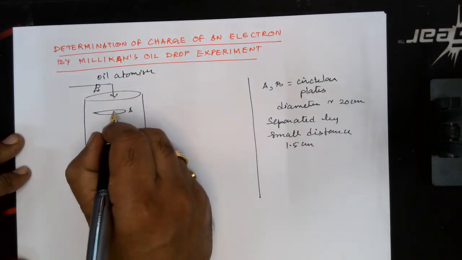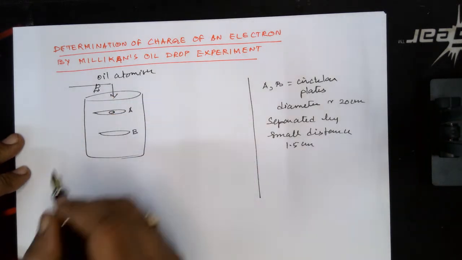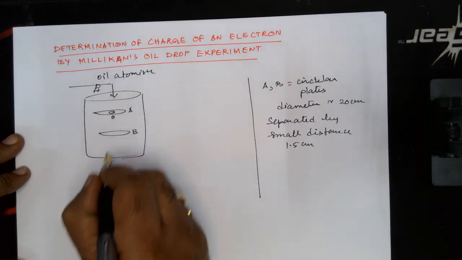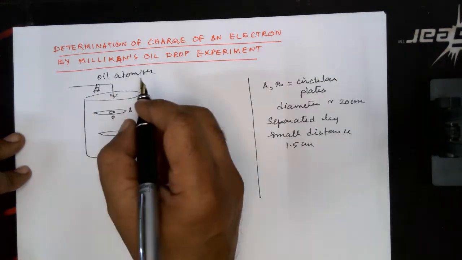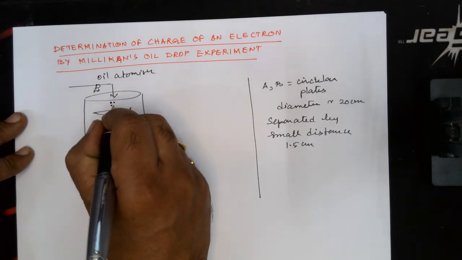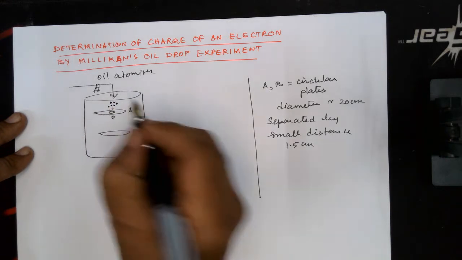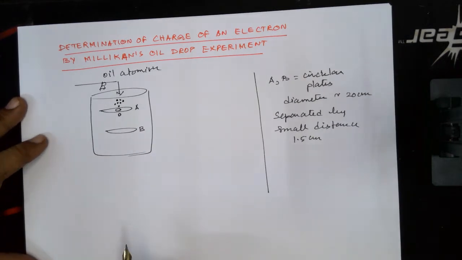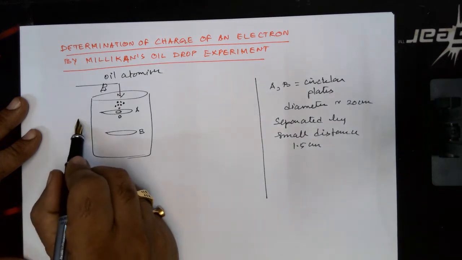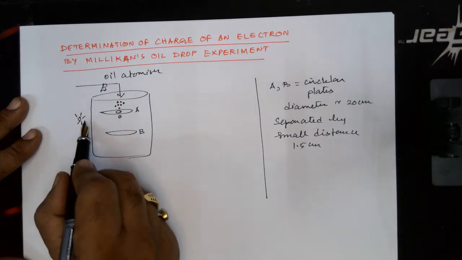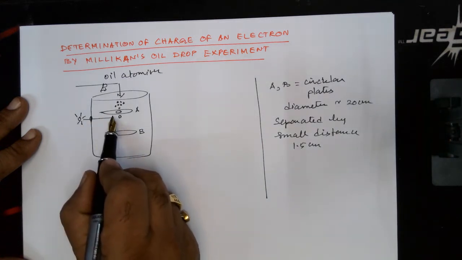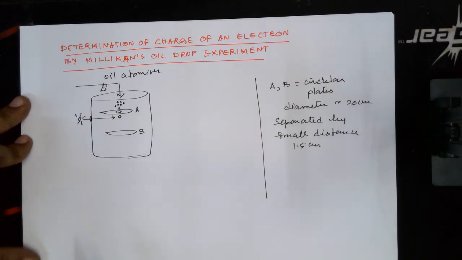And there will be a small perforation through which an oil droplet is allowed. There will be a light source to spot the traveling of this oil droplet.